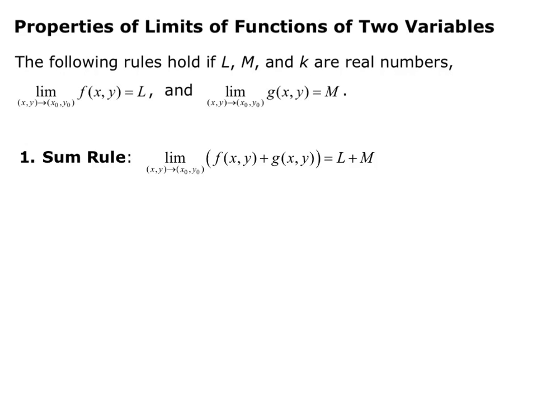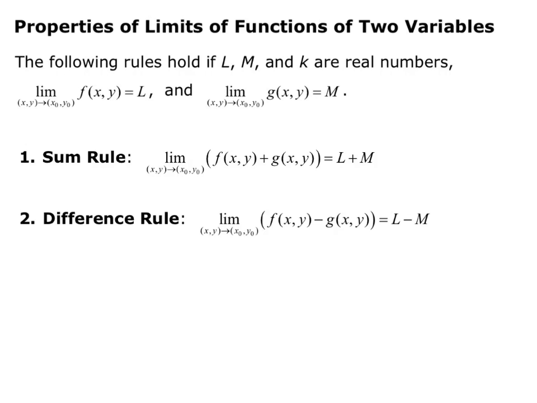So our first rule is the sum rule, and basically what this says is that if you have the limit as xy approaches x0, y0 of f of xy plus g of xy, that's equal to the sum of the two limits. So you can take the limits separately and then add up the results.